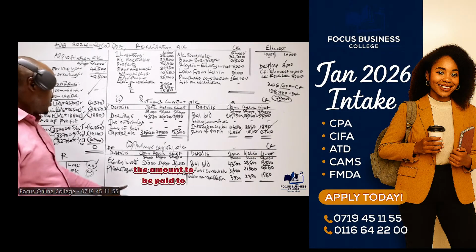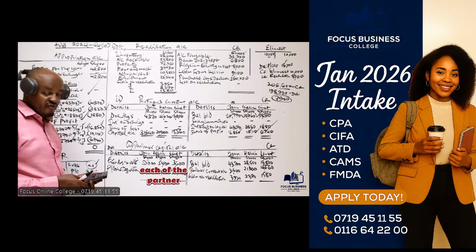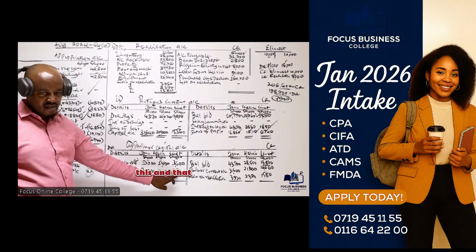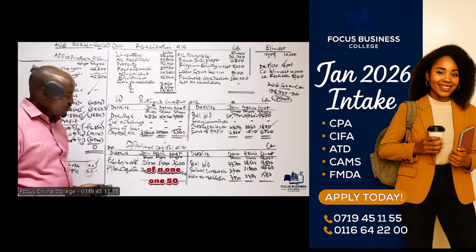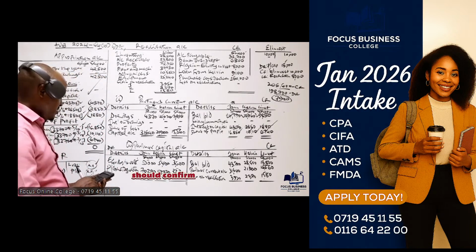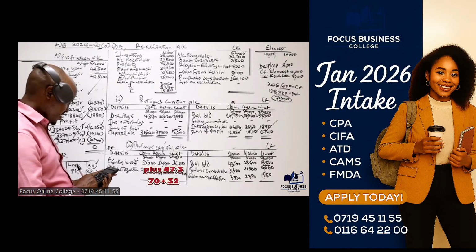That is the amount to be paid to each of the partners. And we are saying if we add this, it should give us the amount of 150. So can we confirm? That is how we should confirm. We take 70,290 plus 47,370 plus 32,340.